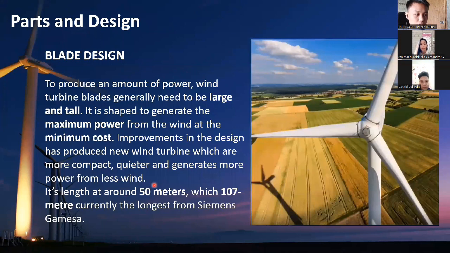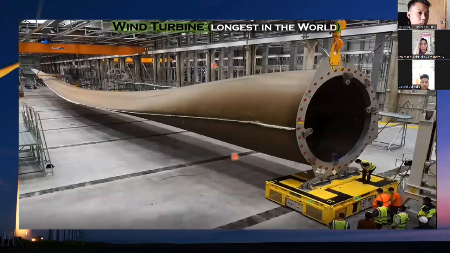Its length is around 107 meters, currently the longest, from Siemens Gamesa. So dapat yung blades ng wind turbine is mas malaki and mas mataas para mas malaki ma-generate niya ang mga electricity. So ayan yung example ng isang blade ng wind turbine, sobrang laki.